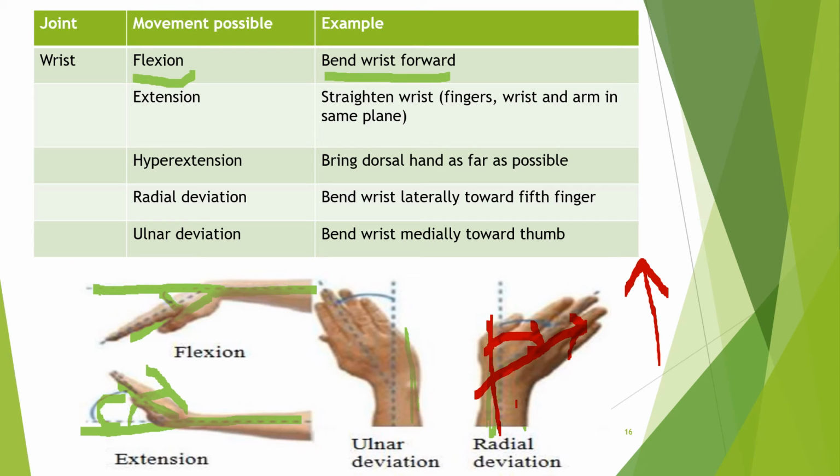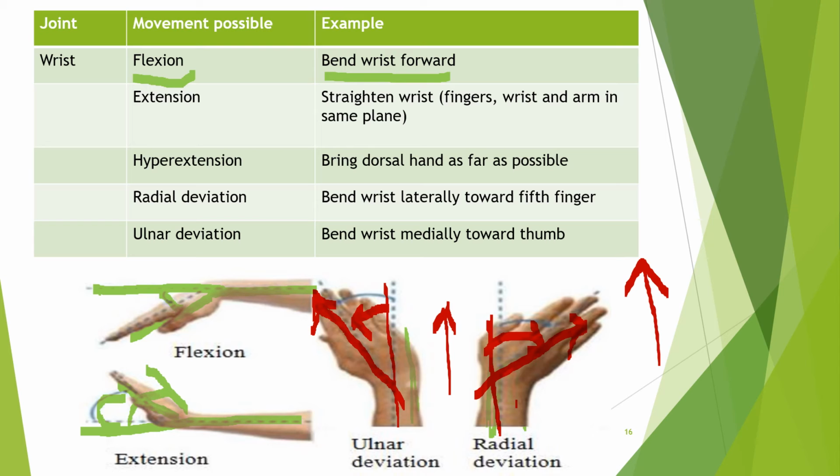When the hand is in a straight direction and this is the ulnar side, and the hand deviates to that side, it is known as ulnar deviation.